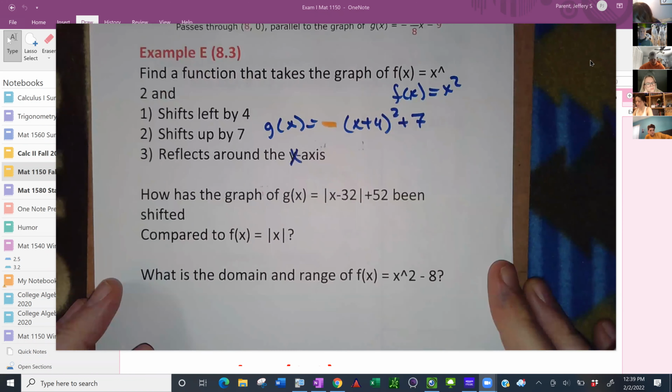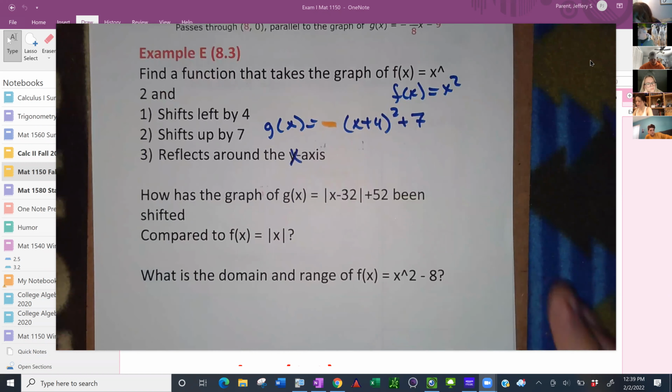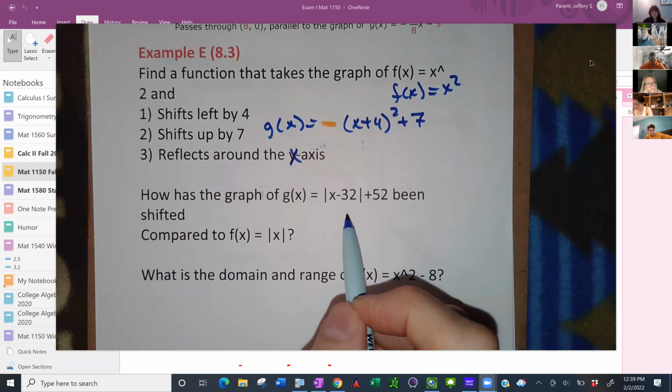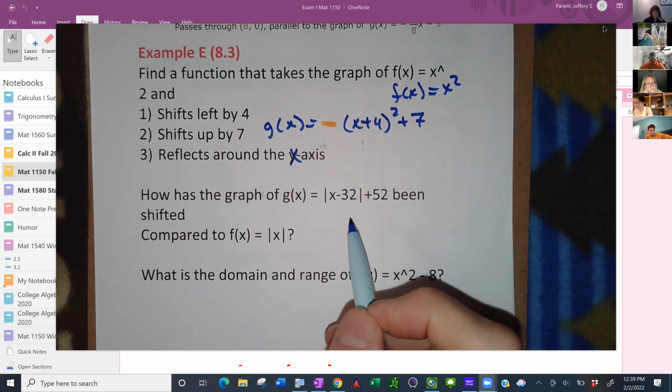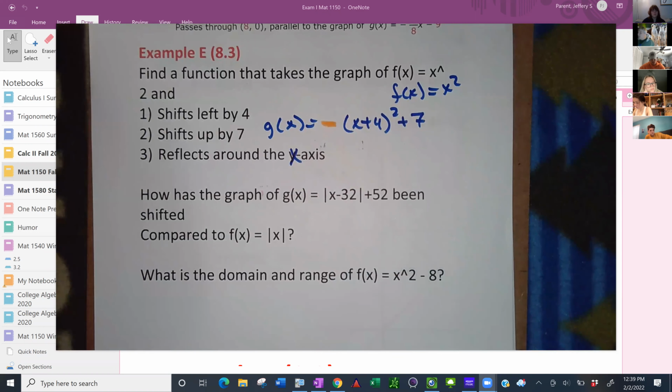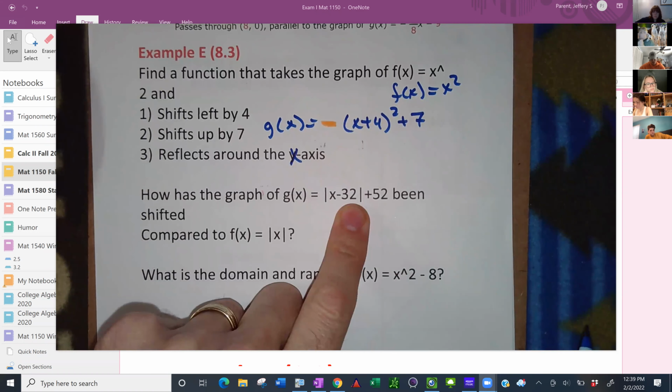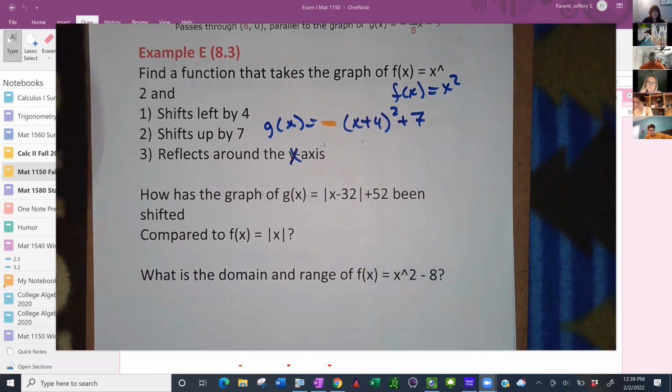Let's do things kind of a different way. And this is just a little subtle reminder that you should know what these graphs look like independent of being able to graph them on your graphing calculator. It's going to be hard for you to figure out how to graph this, what window to use, but we can figure out how it's been shifted.